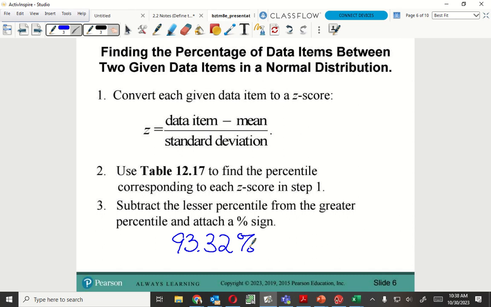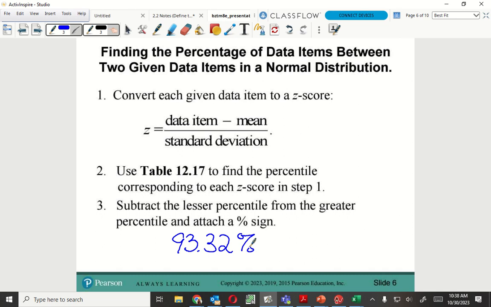But then on these word problems, you're going to see something that says above. So how many would score above that? Add the rest. What's the rest? What's everyone? 100%, right?